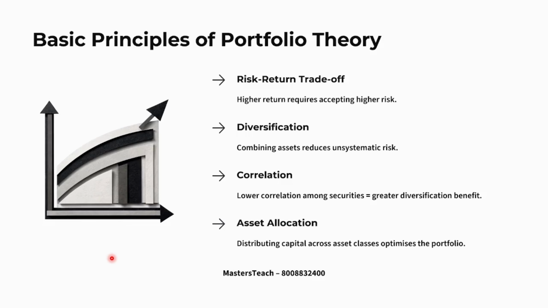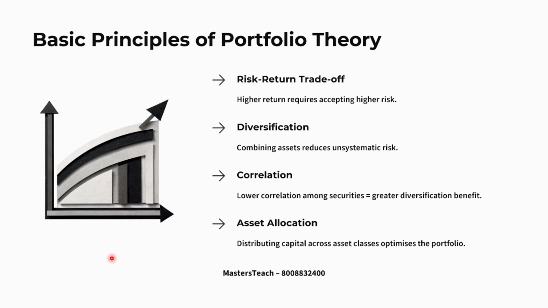Okay, then basic principles of theory. Okay, risk return trade-off. That means, if you want to have quick returns, there is a risk also. Those who are doing intraday trading, the risk is more, the return is also more. Those who are doing options, the risk is more, the return is also more. Diversification.